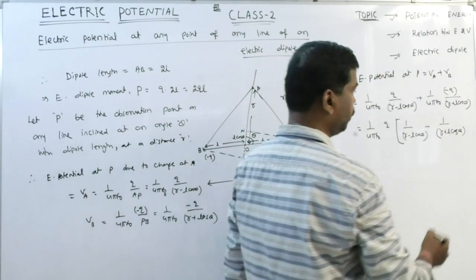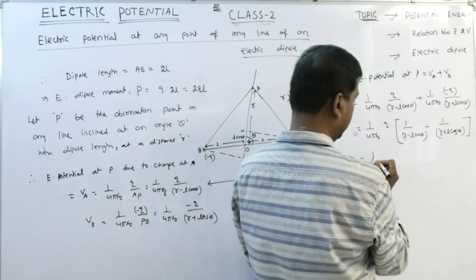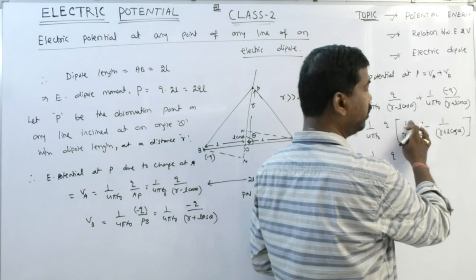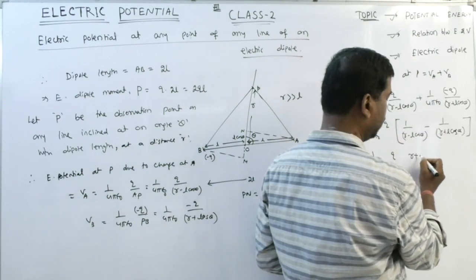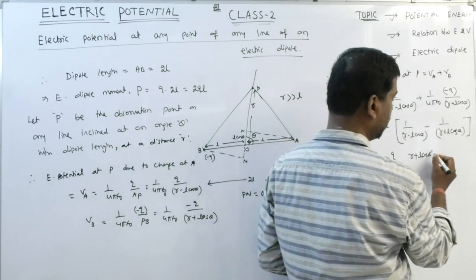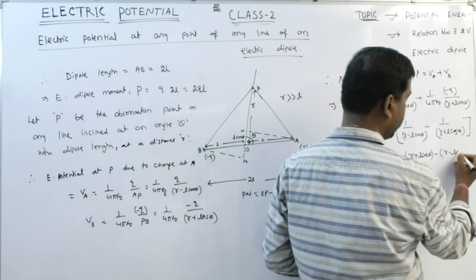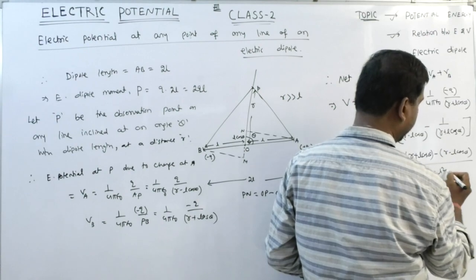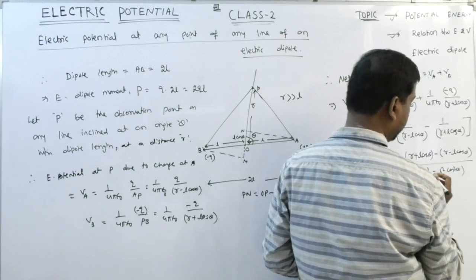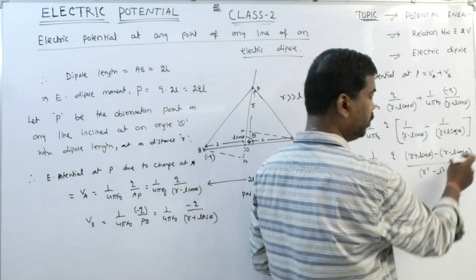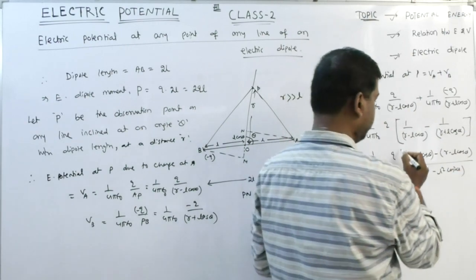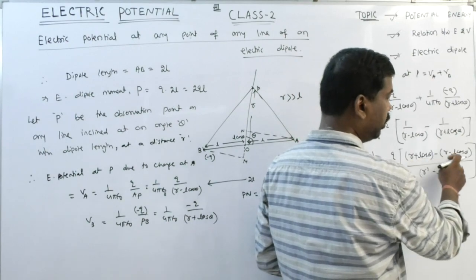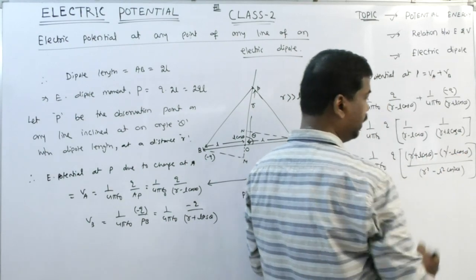Clear? So 1 by 4 pi epsilon 0 q, r plus L cos theta minus r minus L cos theta, whole by r square minus L square cos square theta, that is a square minus b square. A minus b into a plus b is a square minus b square. So L cos theta added up, while r gets cancelled.